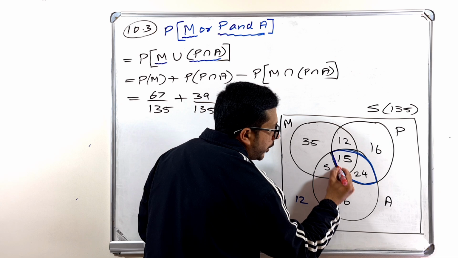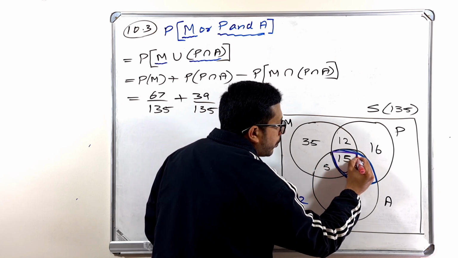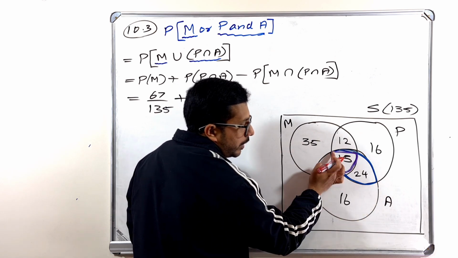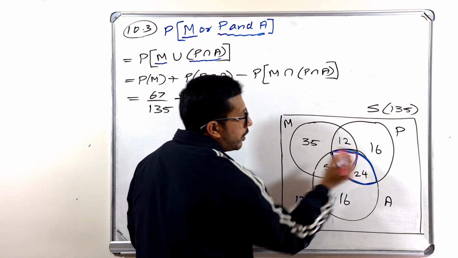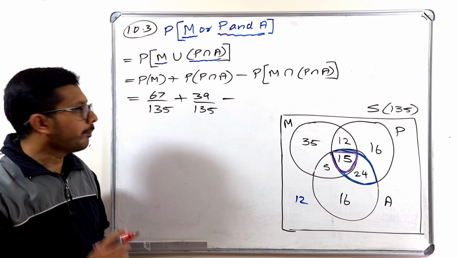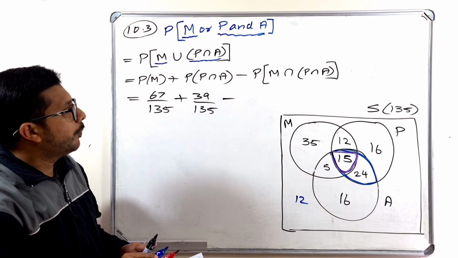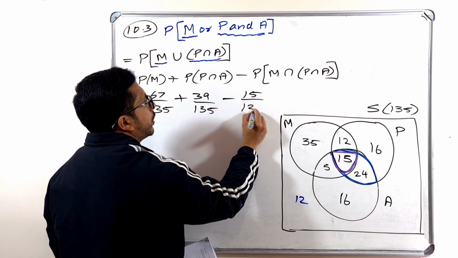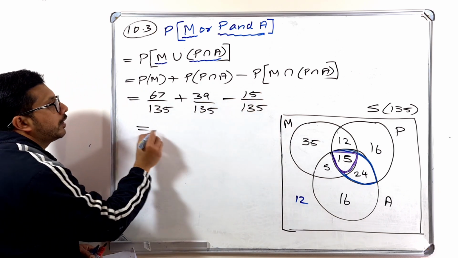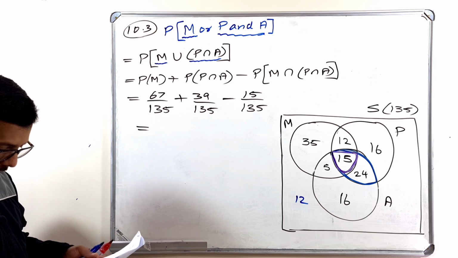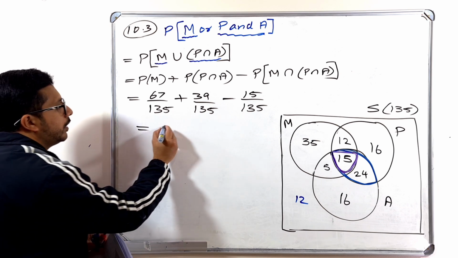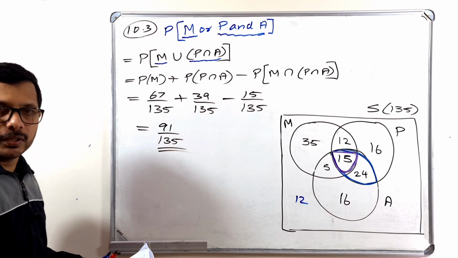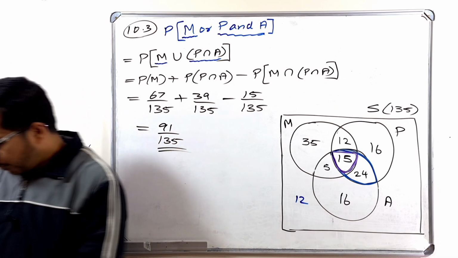Only this part. Am I right? This is the common area for the maths circle and this area. So which area is common for that one? That 15. So here we are supposed to write minus 15 divided by total 135. Take your calculator, try to find the answer. In your calculator you will get 91 over 135, and that's the answer. So that is question number 10.3.